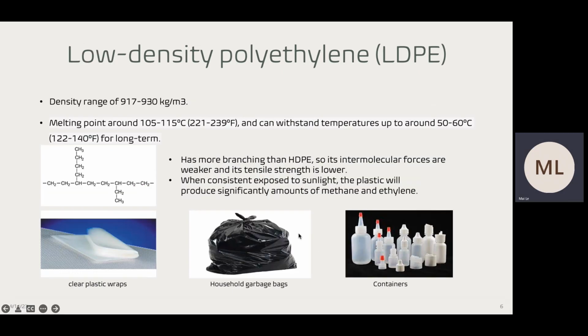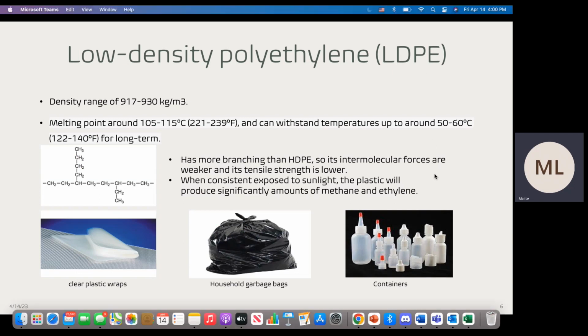Next one, we have low-density polyethylene. Its density range is around 917 to 930 kilograms per cubic meter. The melting point is around 105 to 115 degrees Celsius and it can withstand temperatures up to around 50 to 60 degrees Celsius for a long term.